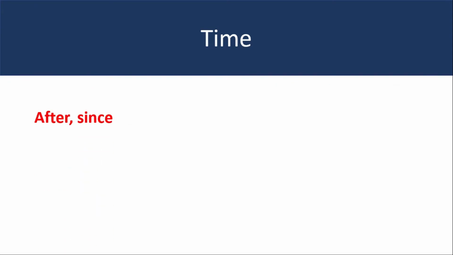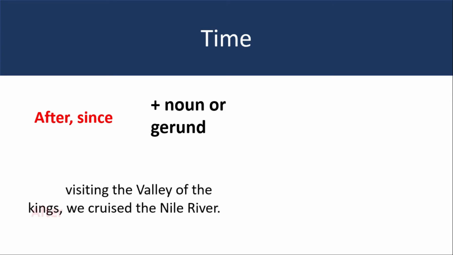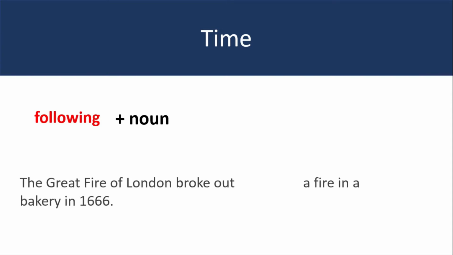Okay, talking about time, after, since, this is usually followed by a noun or a gerund. After visiting the Valley of the Kings, we cruised the Nile River. Talking about time, "following" is usually followed by a noun.